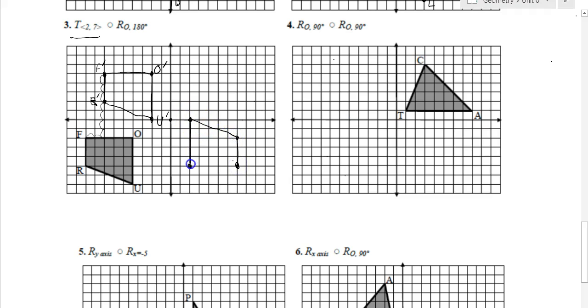For our composition figure, this is our second stage, so U double prime, O double prime, F double prime, R double prime.